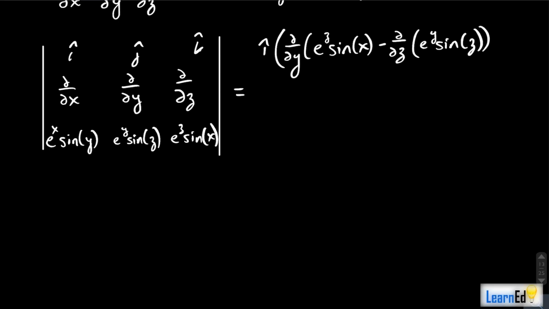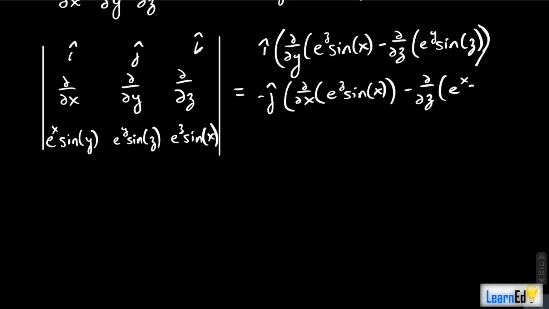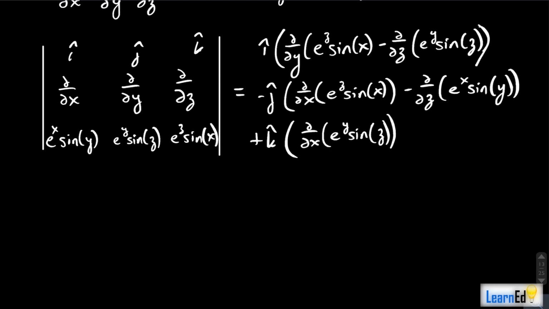Then we have minus j hat times d dx of e to the z sine x minus d dz of e to the x sine y. Lastly, we'll have our k hat vector, which is going to be d dx of e to the y sine z minus d dy of e to the x sine y.